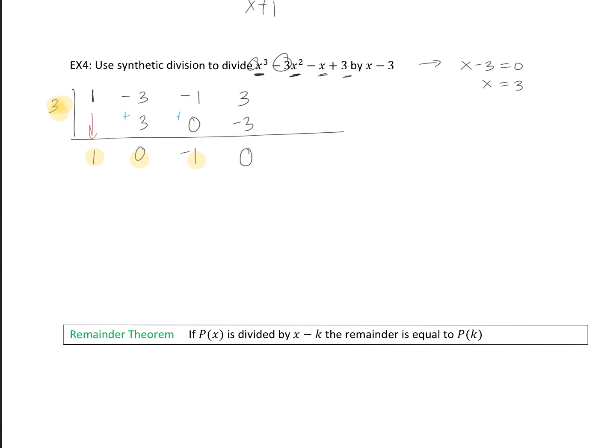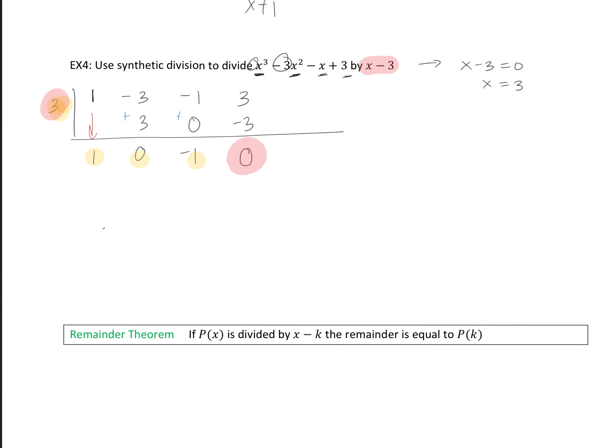Aha! Again, remember, the last number we get, if it's a 0, we know that this is a perfect factor, or it would be factoring our polynomial. And that 3 is a 0 of our polynomial, if this ends up being 0. Because again, we have a remainder of 0, which means it perfectly goes into our polynomial.